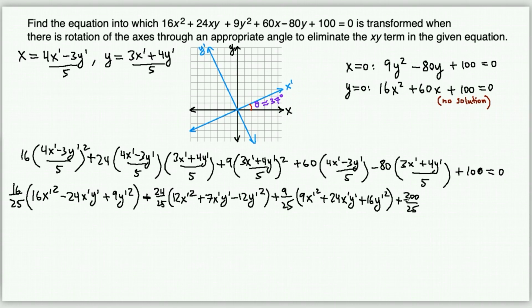So 60 times 5 is 300. Now that's good. 300 over 25 is exactly 60 over 5. That's the same thing. So then just copy that down: 4x prime minus 3y prime. And then minus, now the same thing here. 5 times 5 is 25, so this must be multiplied by 5. So minus 400 over 25.